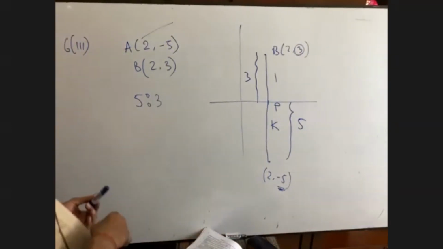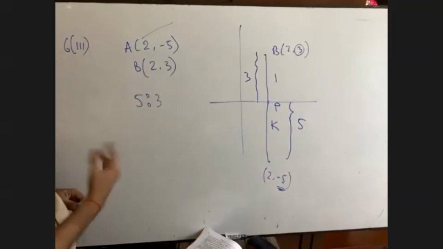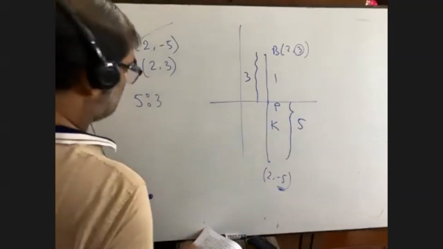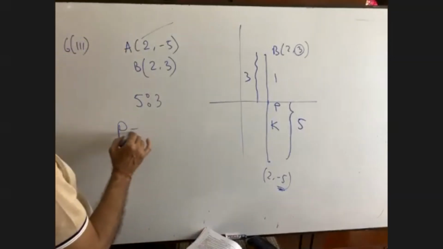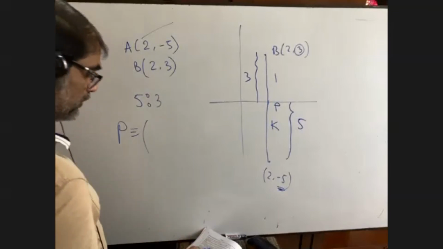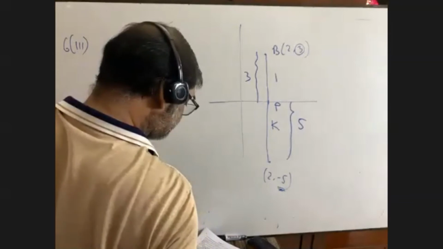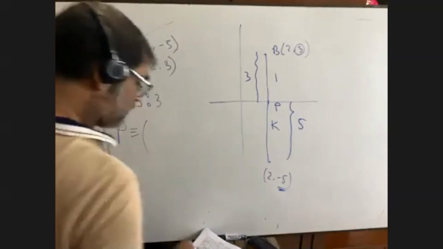But if it is given in a creative question, then you have to find it by that rule. Anyway, we have to find the P. P equals to what? Let me know. What is given? Sir, 24/5. P equals to (2, 0).